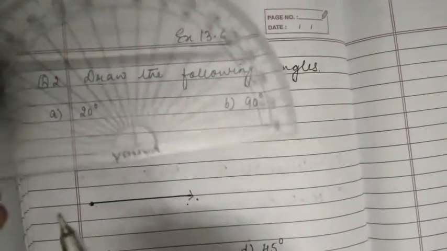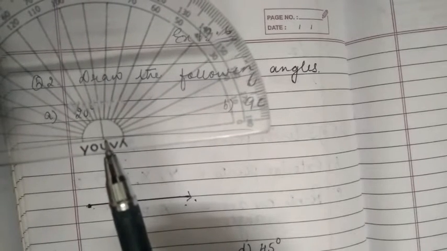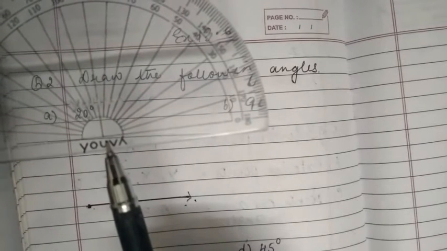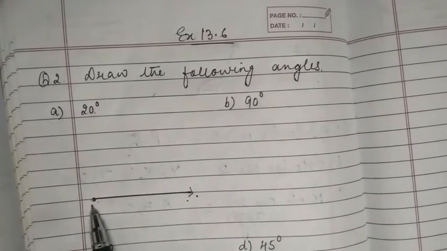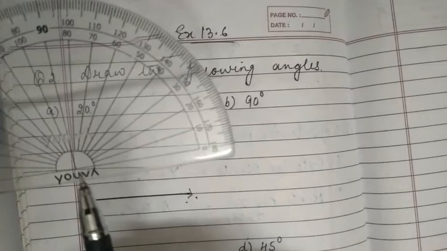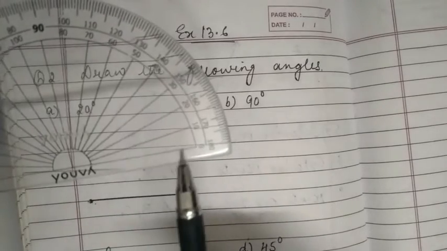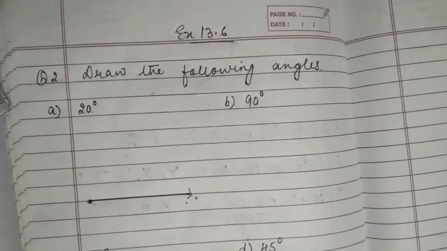So now this is the center point of your protractor. You have to keep this center point on this base point in such a way that this center line and this line overlap each other properly. Clear?